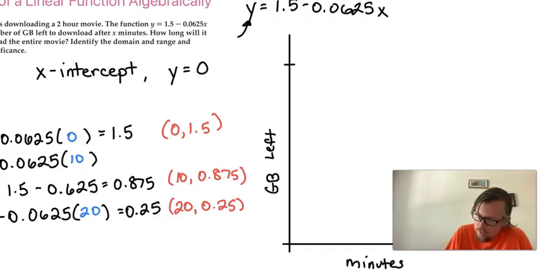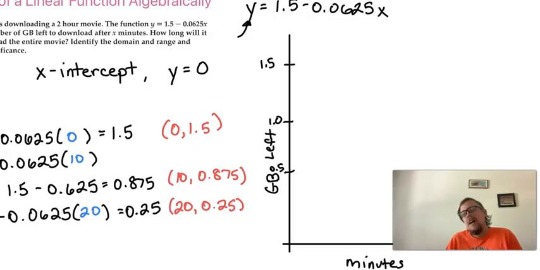So let's do 1.5 as our top here, and then we'll just estimate this would be like 1.0, and this would be about 0.5. Then for our minutes along the bottom, we went all the way up to 20, but we're just a little bit beyond 20 here. So 20 is the last one we have a point for. That's about where 10 is going to be, and we'll put 15 and 5 in there. Okay, let's put the points on that we have.